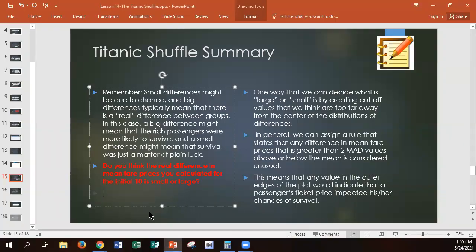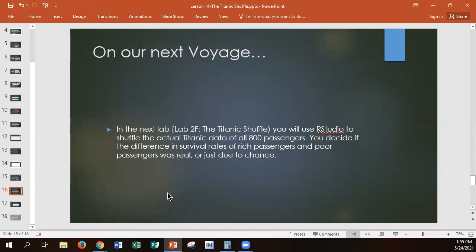Okay. Nice. So that's essentially it for today's lesson. On our next voyage, ladies and gentlemen, in the next lab, which is lab 2F, the Titanic shuffle, you will use RStudio to shuffle the actual Titanic data of all 800 passengers. So remember, we only took 40 representative ones, but on your lab, you're going to be using all 800 passengers.